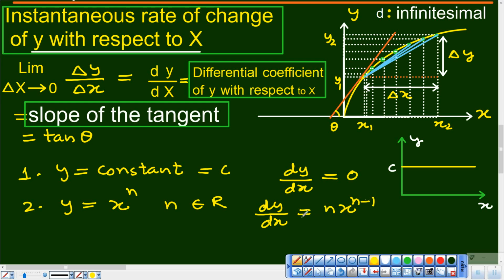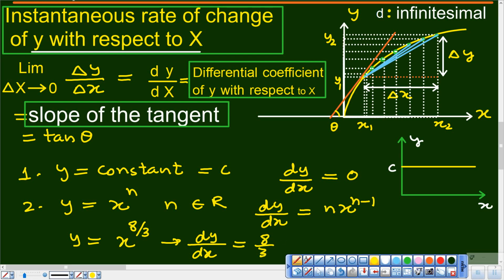For example, if y is equal to x raised to the power 8 by 3, let's say, then my dy by dx, that is the differential coefficient or derivative, whatever you call it, there are several names for it, would be equal to 8 by 3.